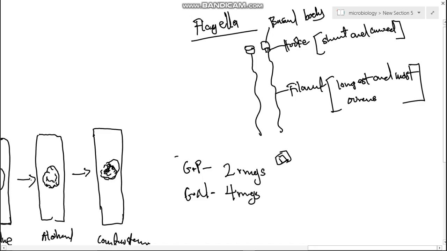This is all you have to know for now about the structure of the basal body. Alright, so we have to know that the flagellum has 3 parts. The flagellum is firstly responsible for the movement of the bacteria, to propel the bacteria forward. So we have 3 parts: the basal body, the hook, and then the filament.